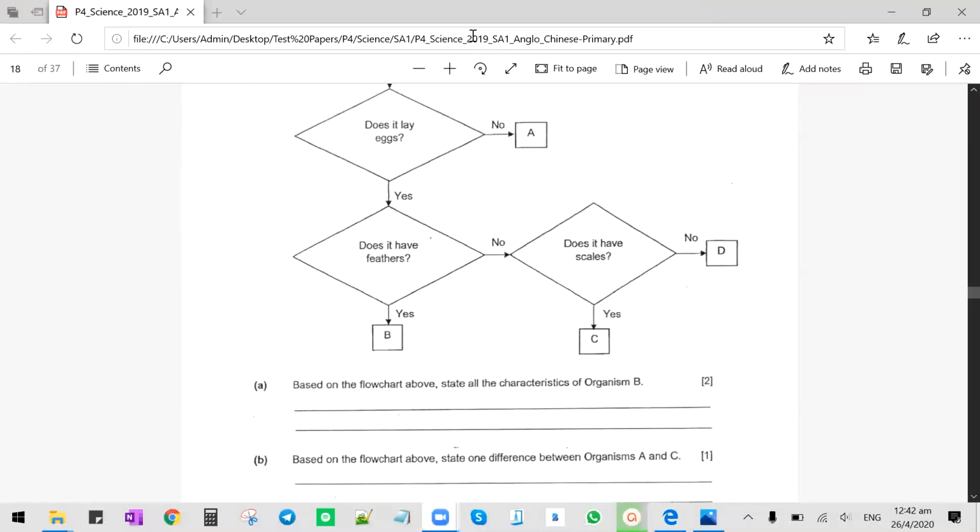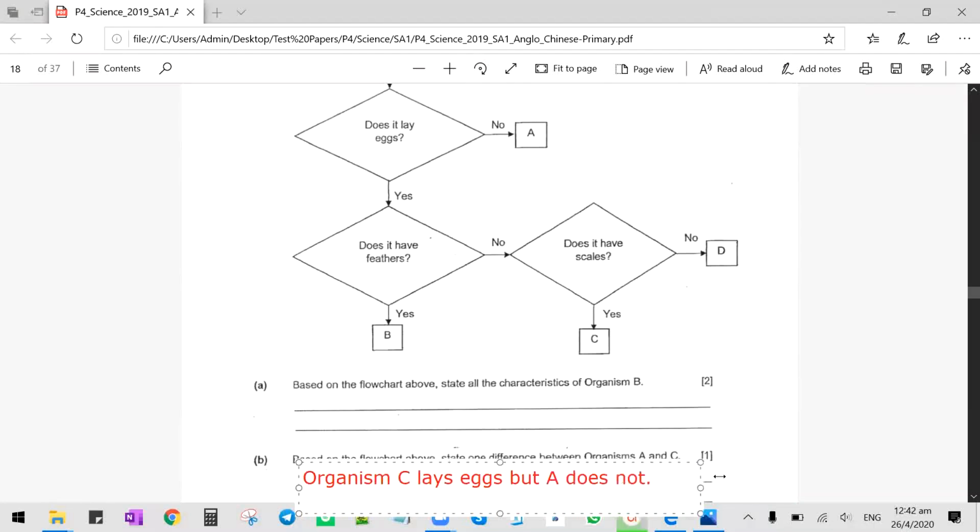So you just write down organism C lays eggs, but A does not. Based on the chart that they have given, A does not, C, yes. That's the only thing that you can compare.